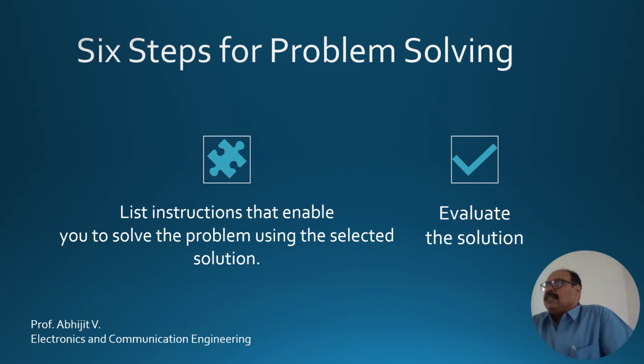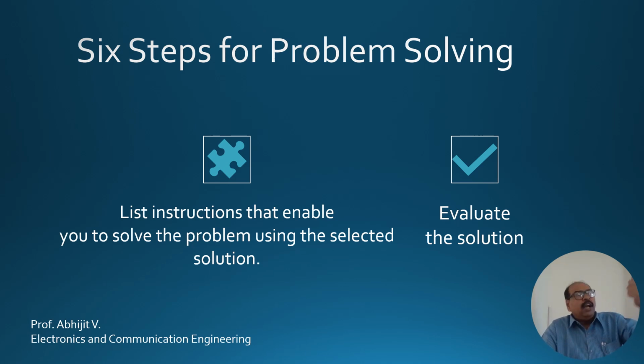The final and the last step is to evaluate, to analyze how good your solution is. We have done all these things. We have identified the problem. We have understood the problem. We have identified the different ways through which we can solve the problem. We have selected the best option from the alternatives.